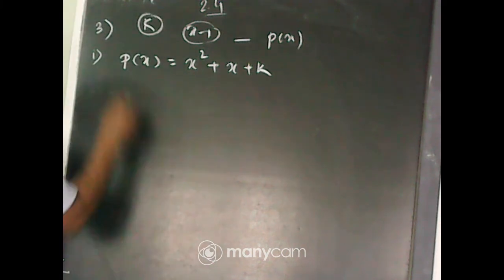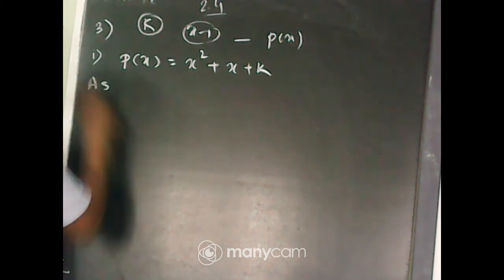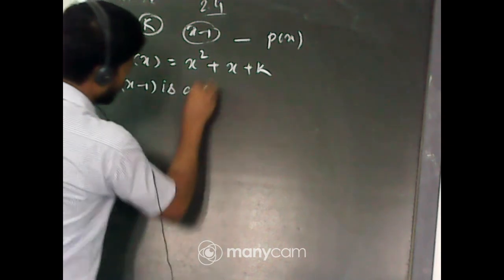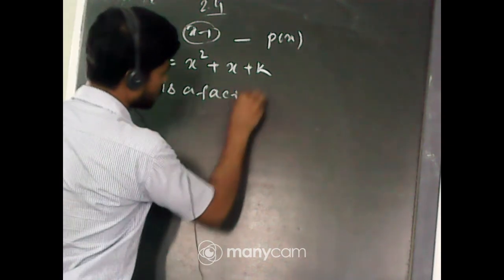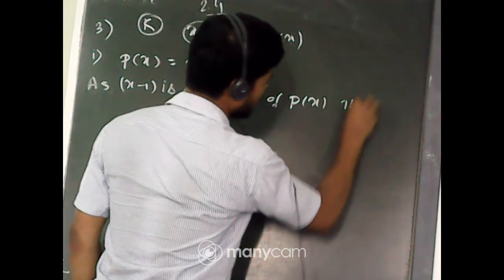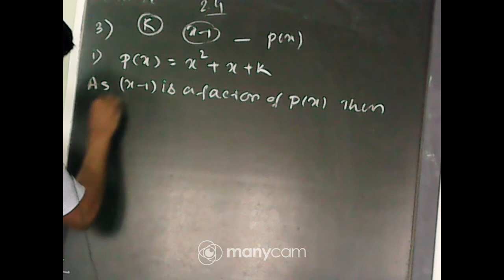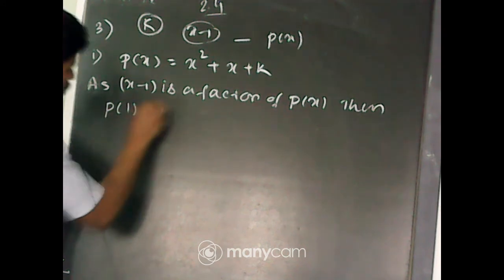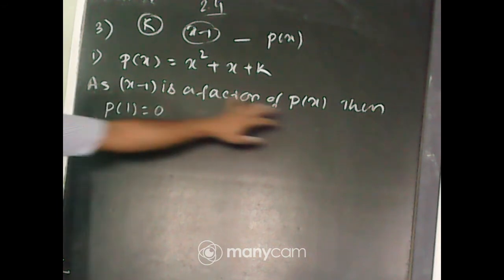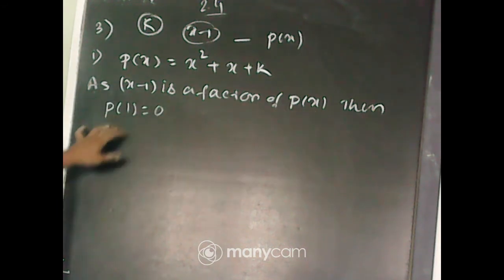So as x minus 1 is a factor of p of x, then what can we write? p of 1 will be equal to 0.